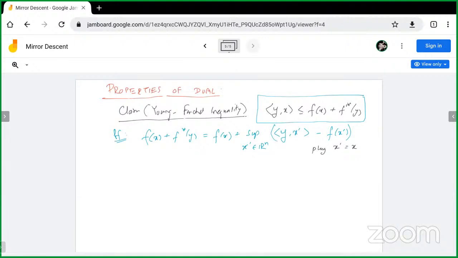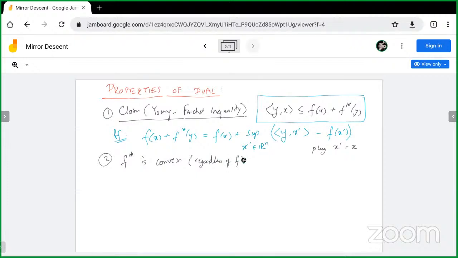Okay, so this is one interesting property. Another property is that f star is always convex, whether f is convex or not, regardless of f.